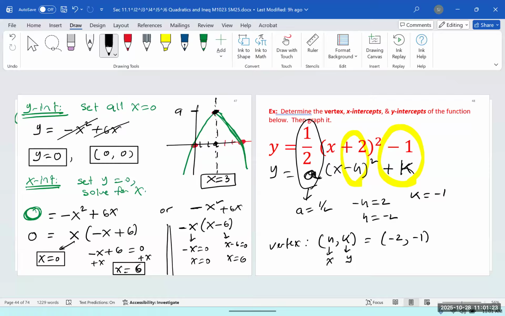So in this format, the vertex is already given to us. It's the number inside the parentheses with its opposite sign, and the number outside the parentheses with the same sign. So h changes, but k stays the same. The vertex is this number and that number. This is the x value, this is the y value. That's why we like vertex form, because we can see the vertex directly.